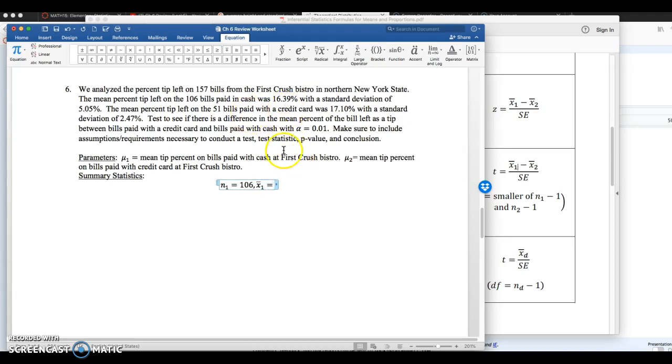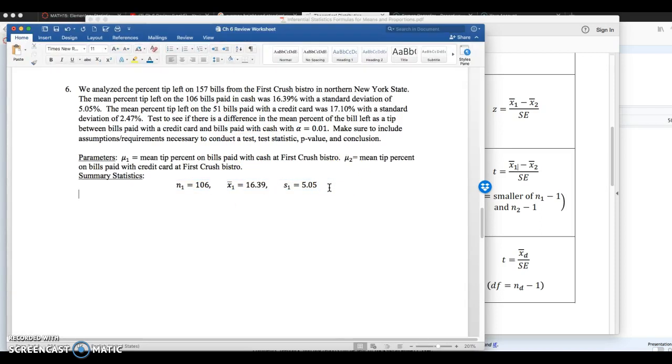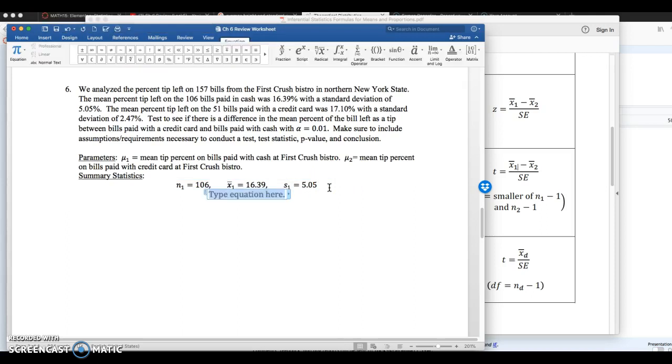A sample mean of 16.39%, and then s sub 1, my standard deviation for the bills paid in cash, 5.05. And for the second group, n sub 2, the bills paid with credit card, it's 51. The sample mean for those was 17.10.